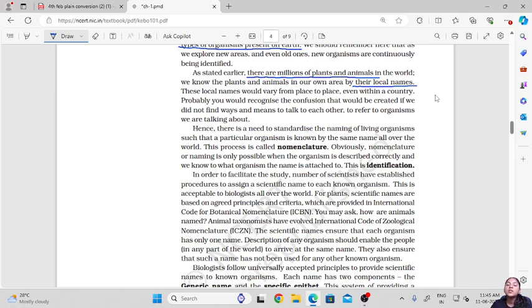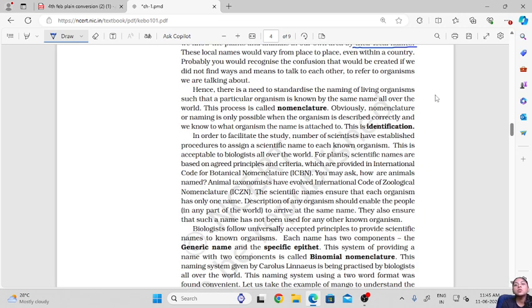Now because of these local names there would be a lot of confusion when a person from one region is talking to a person from a different part of the world. That is why there is a need to standardize the naming of the living organism. Standardizing the naming means one particular organism will have only one name which is accepted globally or worldwide.